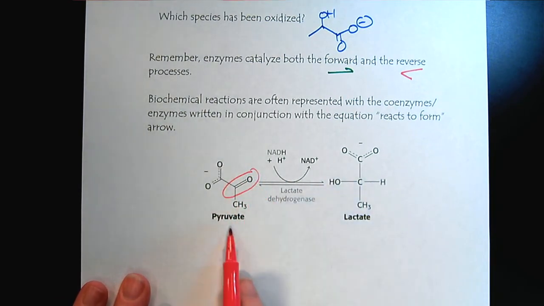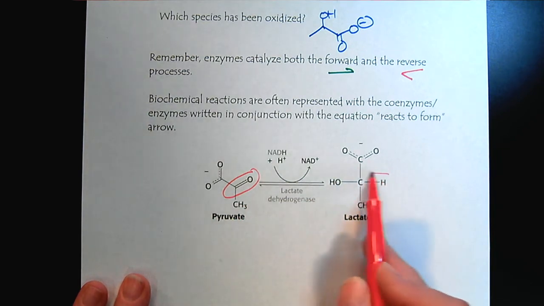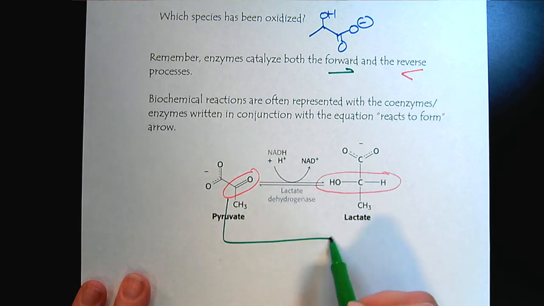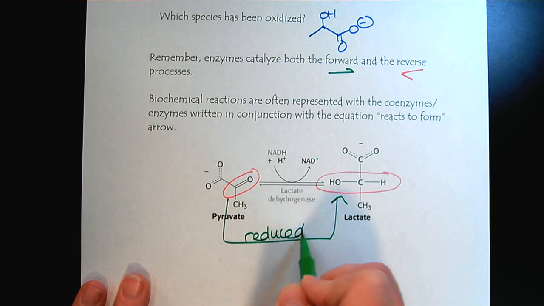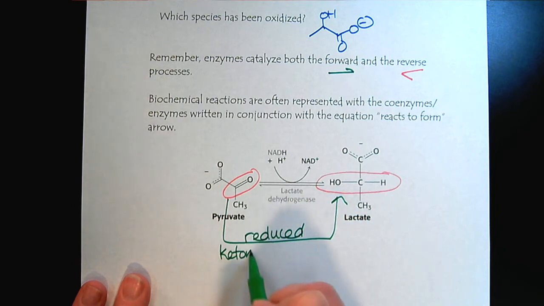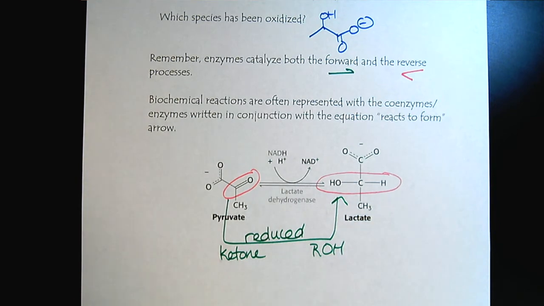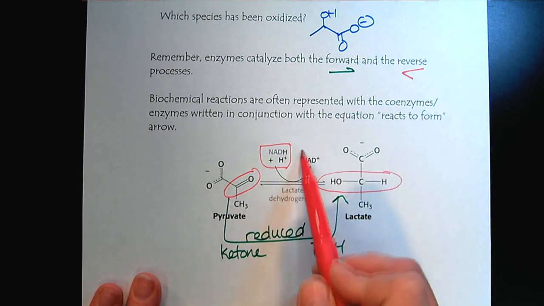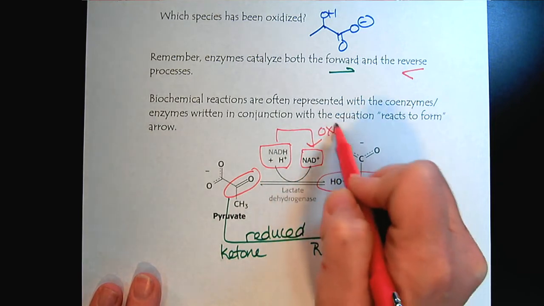So now we have the reverse reaction of above. We see the pyruvate there, and the ketone of the pyruvate is now being reduced. So the ketone is being reduced to an alcohol. And so conversely, what's happening to our coenzyme? Our coenzyme is undergoing oxidation.